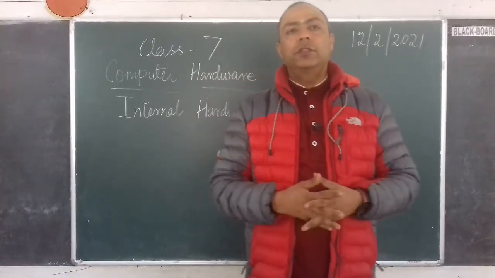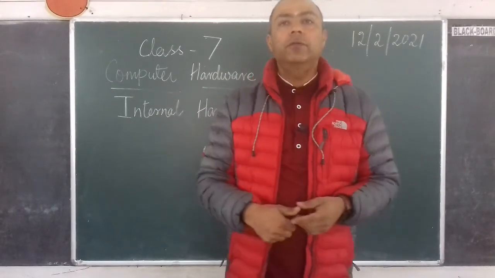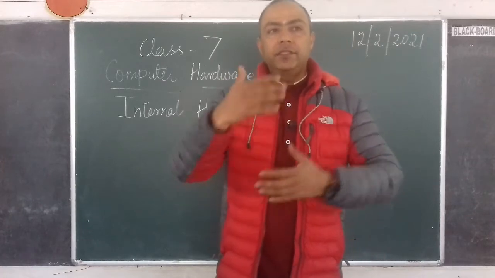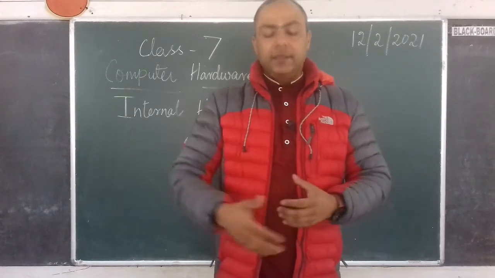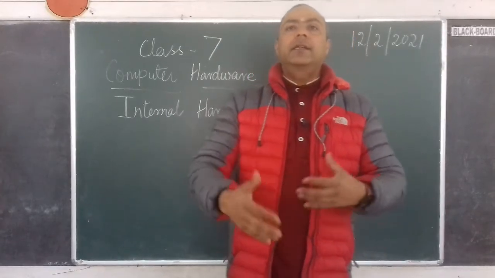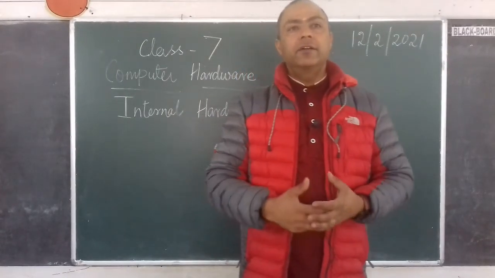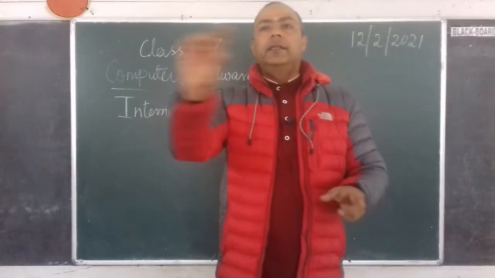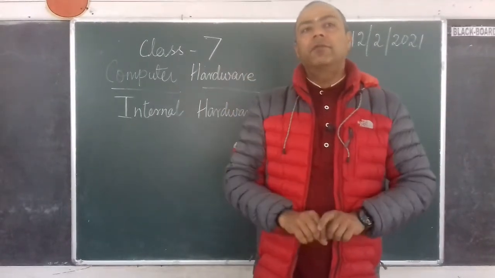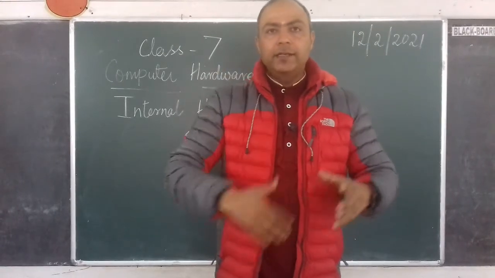You might have noticed that when we switch on the power of the CPU, the machine starts on its own. Automatically it starts, and at that time, if there is any error in any of the peripheral devices or software, it will flash on the screen. This is the automatic power-on self test.